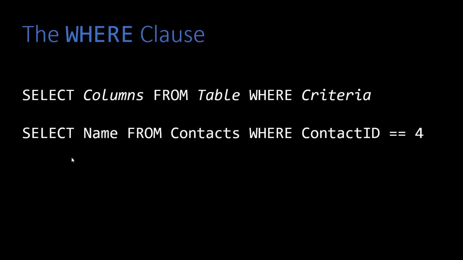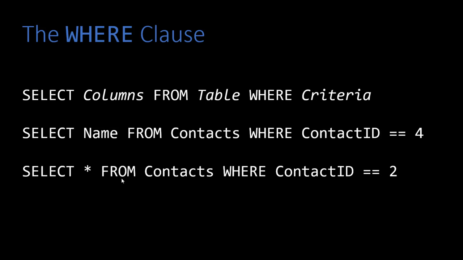Okay, so here's the select statement. Select name from contacts where contact ID equal 4. So this statement is going to get the row that has 4 stored in the contact ID column, and it's going to give us the name column from that row. So in other words, it's going to give us the name of the person whose contact ID is equal to 4.